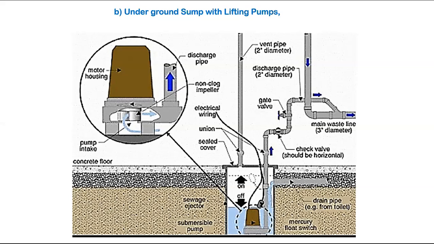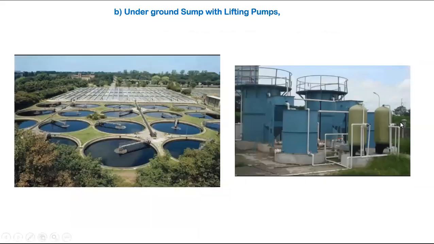Another option: if you don't have a septic tank or a public connection for drainage disposal, we have to go for the STP, the sewage treatment plant. Typically, this is the sewage treatment plant arrangement. Actually, this is the image. It is a large type of sewage arrangement, used for big townships.